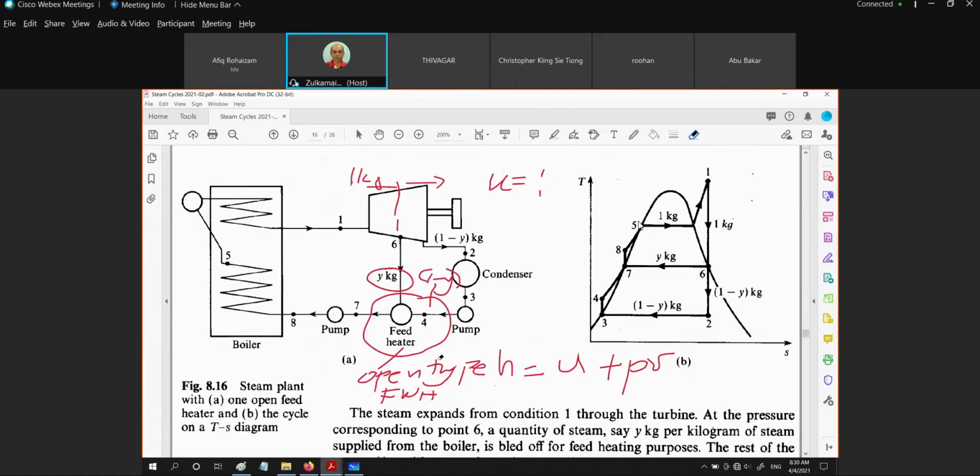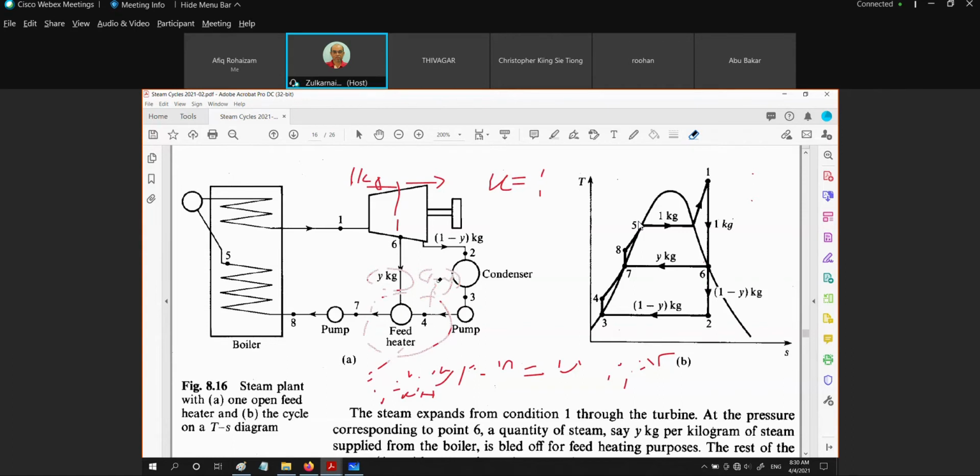So this is our feed water heater. Let me put it clear right here to see the equation or the energy balance to a feed water heater. Take note that we have looked at how to solve all the enthalpy.